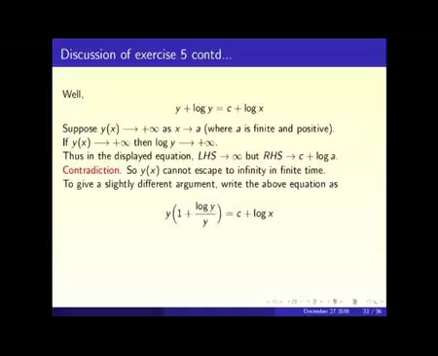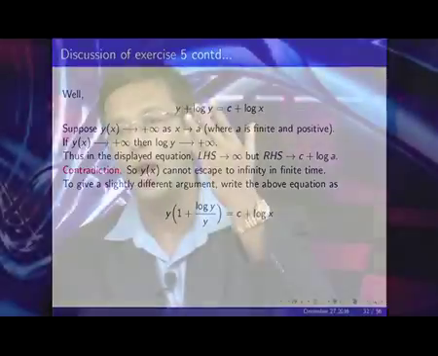I've given a slightly different argument, but it's equivalent to what I just said. What I have done in this slide is that I have just written the left hand side in a slightly different form, y into 1 plus log y by y, right? So y goes to infinity, and last time we have seen that log y goes to infinity slower than y. So log y by y will go to 0.